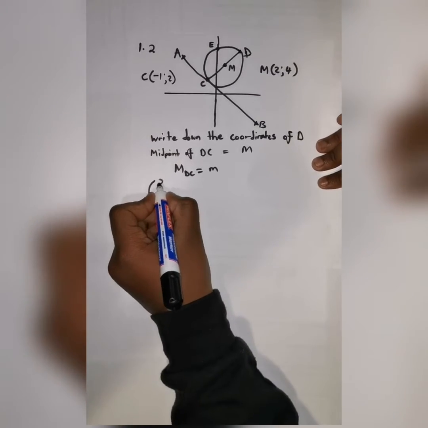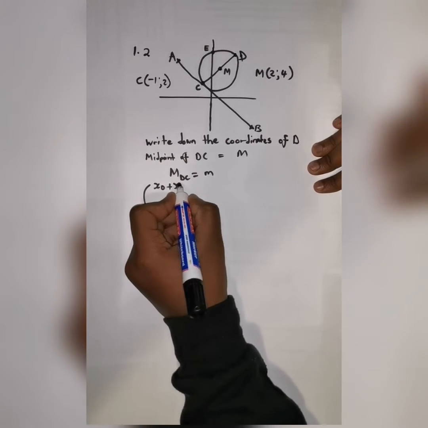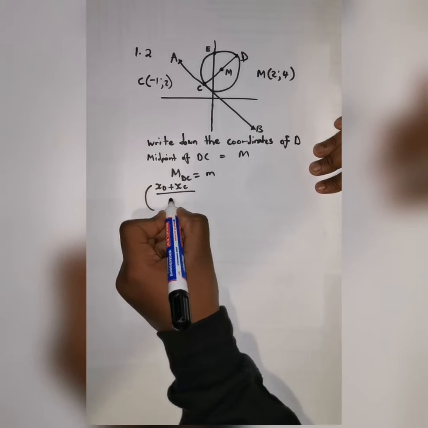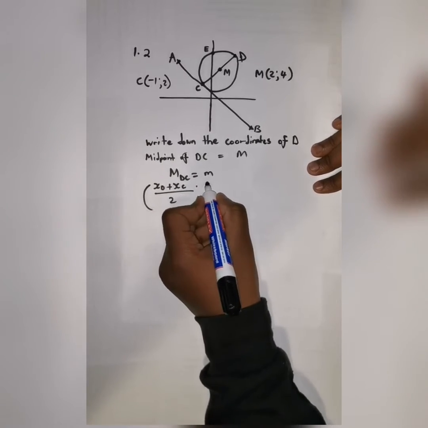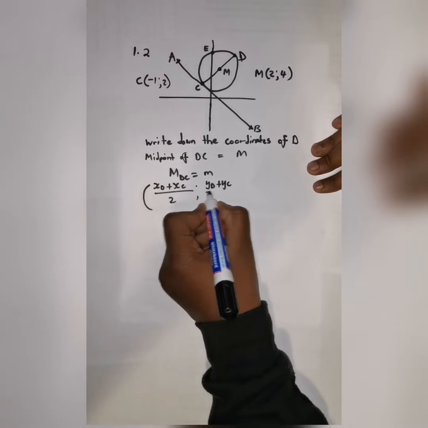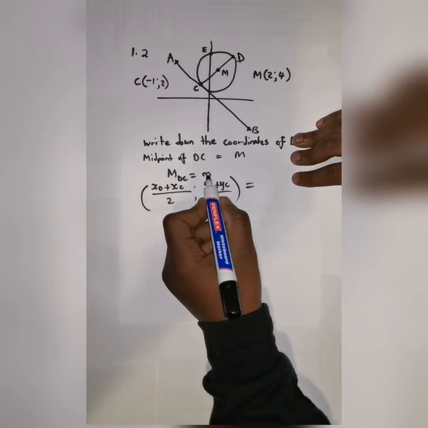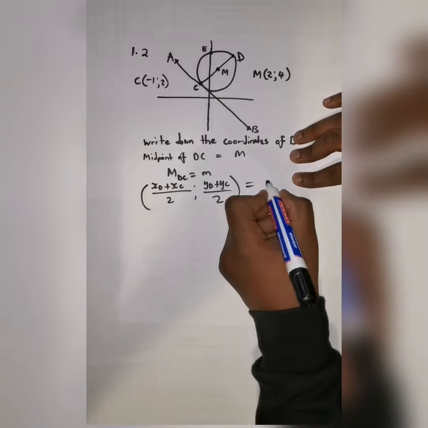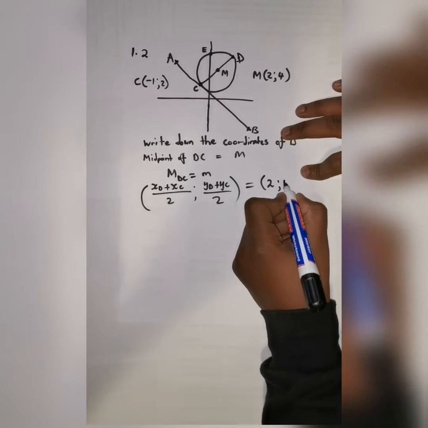So this is going to be the midpoint of DC. This is x of D plus x of C over 2, and then for our y coordinate, it's y of D plus y of C over 2. It equals M, which is our midpoint, which is 2, 4.